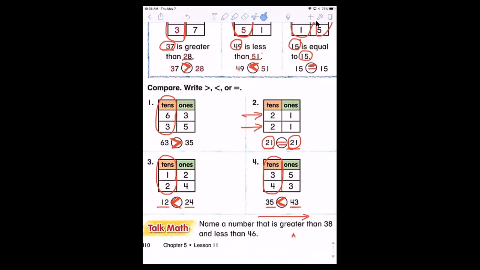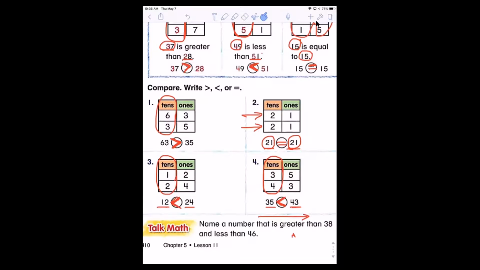Milan, what could be a number between 38 and 46? A number between 38 and 46. Justin? Unmute yourself, Justin. 40.